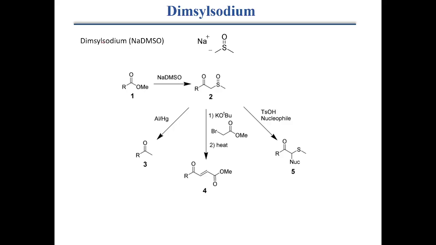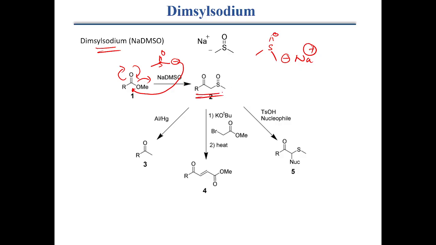Now I'm going to discuss dimsyl sodium. So this is the DMSO, negatively charged DMSO sodium complex. If we treat dimsyl sodium with any kind of ester, such as this one, it will react with this carbonyl center and OMe will be liberated.